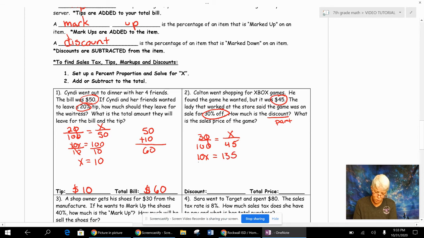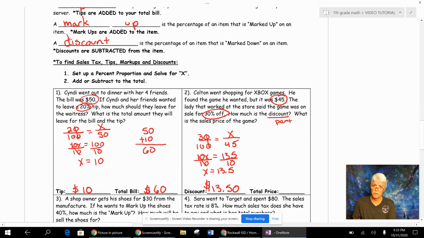And you could always do the work off to the side. Divide both sides by 10. And I know that the answer to that is going to be 13.5, which is $13.50.